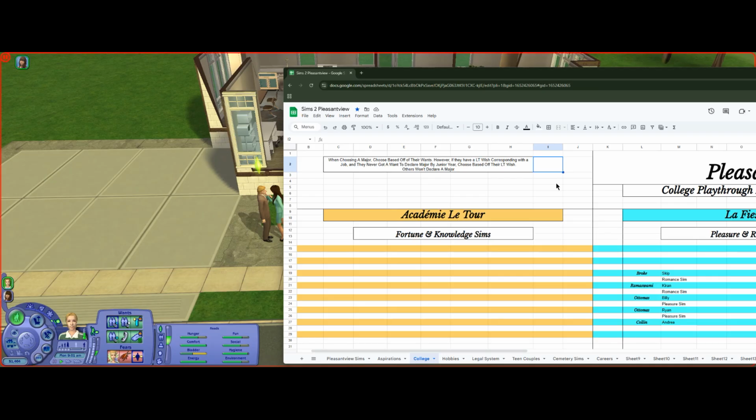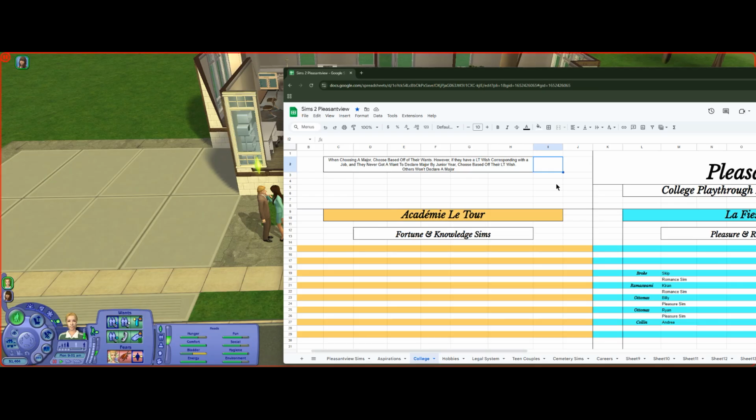So I wanted to stop my Sims from automatically getting the philosophy degree, because they didn't want to choose a major. So this is one of the caveats that I have to stop all my Sims from getting that over and over and over and over, is that I get to choose if they don't choose by their junior year.